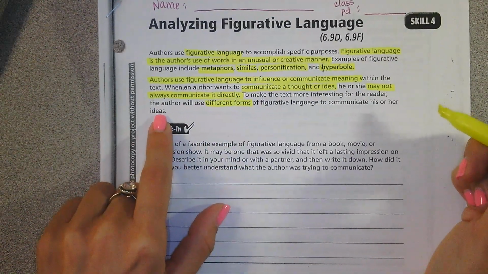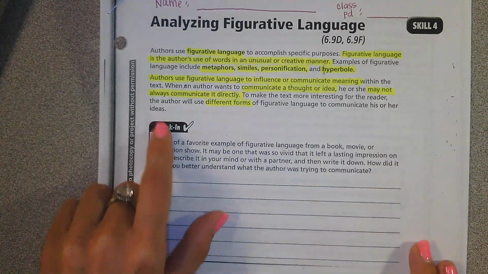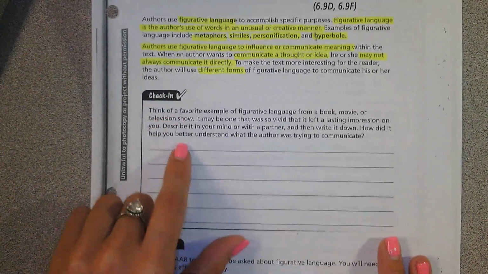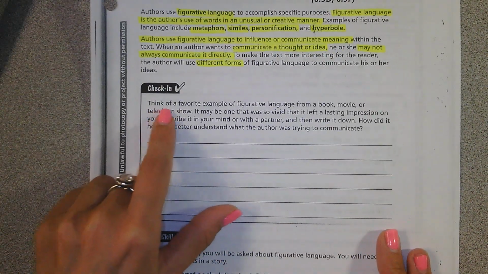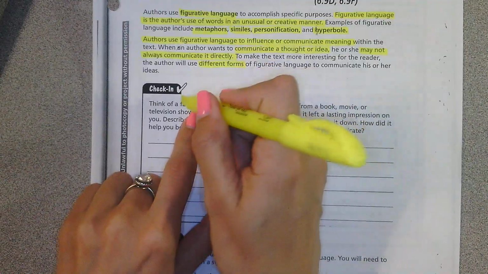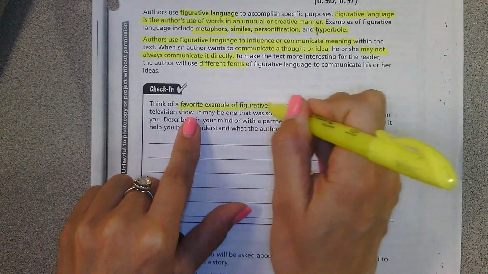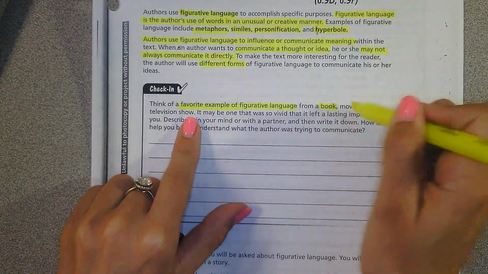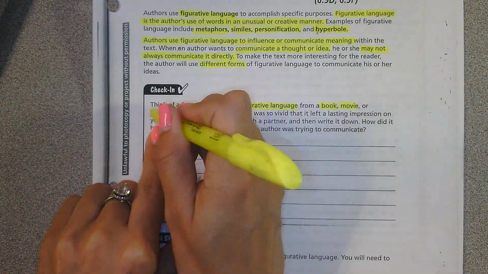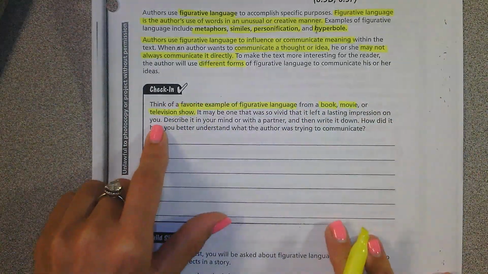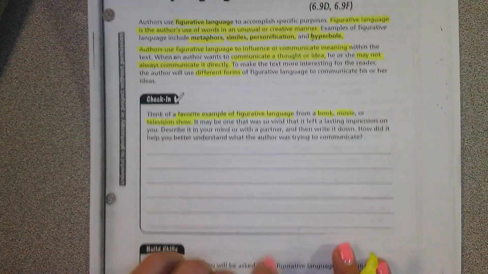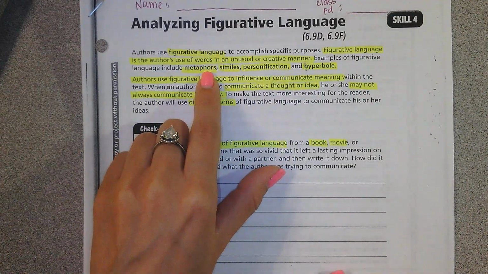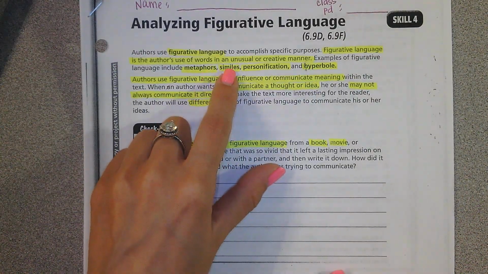Now, here's a check-in activity. Here's what I want you to do. I want you to think of a favorite example of figurative language from maybe a book, a movie, or a television show. This piece of figurative language can be any of these. It can be a metaphor that you've heard before. It can be a simile that you're familiar with.